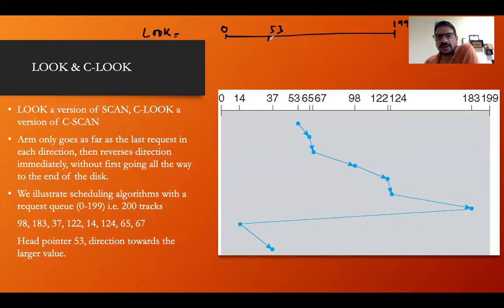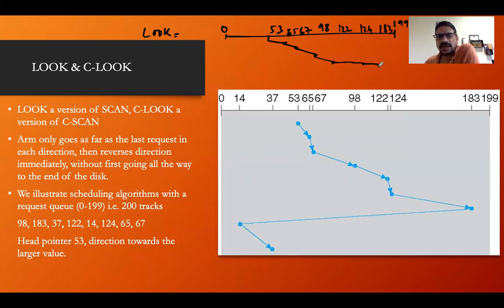First of all it will be 65, then 67, then 98, then 122, then 124, then 183. This is one direction I have moved.